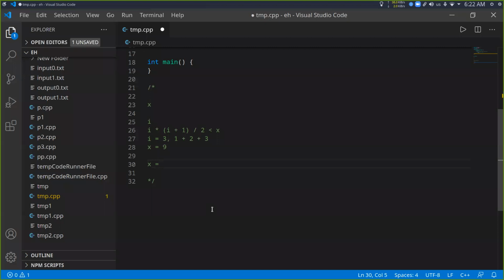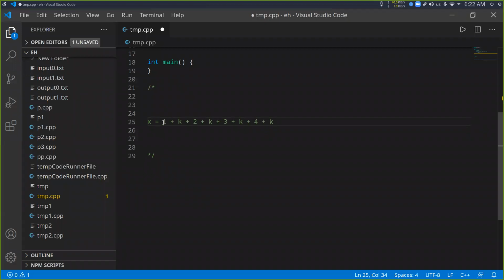So I want to form x as 1 plus 2 plus 3 plus 4, or not like that. So it's (1 plus k), for example, plus (2 plus k), plus (3 plus k), plus (4 plus k).